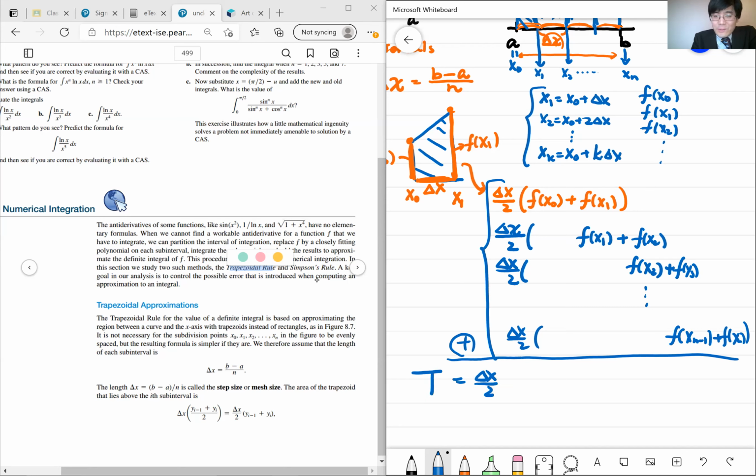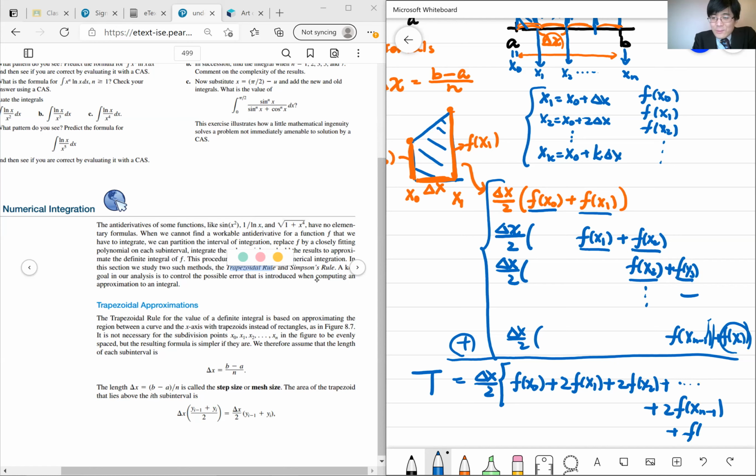The total area, the sum of the trapezoids, will be 1 of this plus 2 of this, plus 2 of this, plus 2 of this, 2 of that, 2 of that, and 2 of f of xn minus 1, plus just 1 of the last one, f of xn.